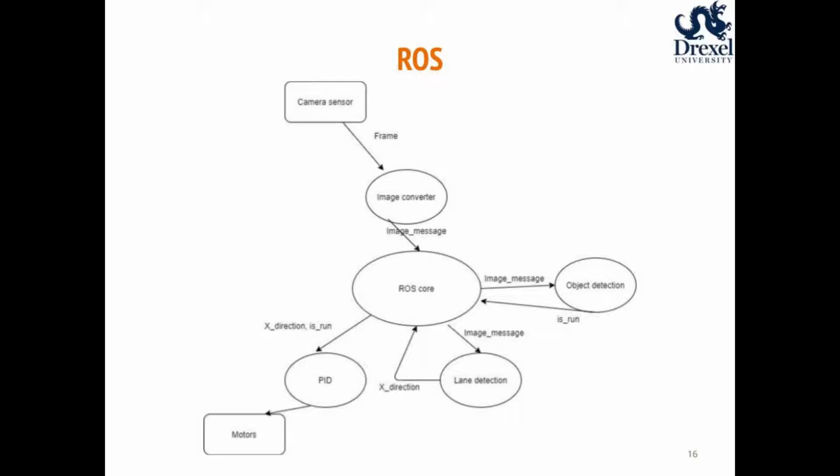Image converter is going to convert images from the camera sensor to messages, and it will go into the object detection and lane detection to detect whether there are objects ahead or where the lane is, and those will come into the control to decide where the robot is heading, whether it has to steer left, steer right, or it has to stop before the obstacle ahead. The control will directly control the motor itself.